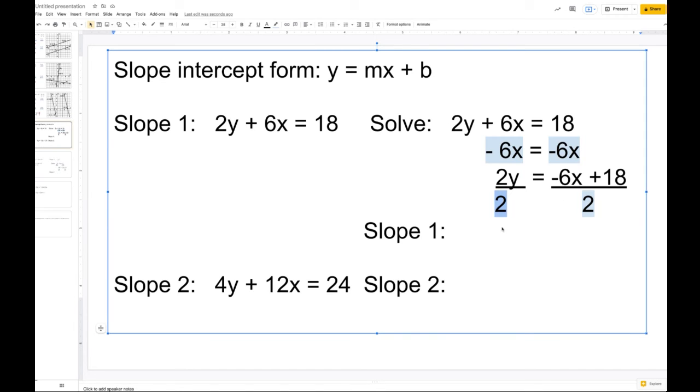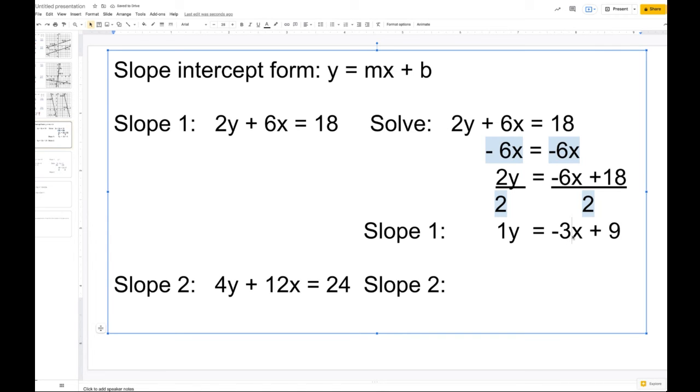On the left side of the expression, 2 divided by 2 is 1y. You don't have to put 1y, of course, but just in case. If you want to, then you may. And here you divide both of the values above. Negative 6 divided by 2 is negative 3x. And here, positive 18 divided by 2 is positive 9.